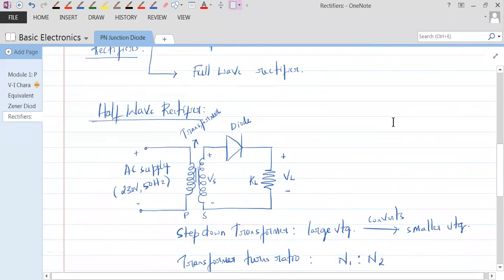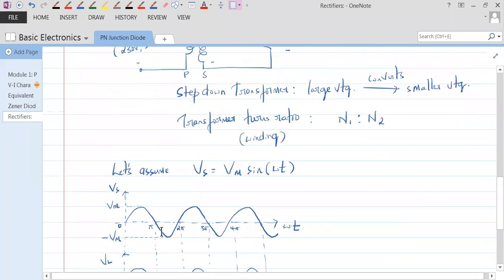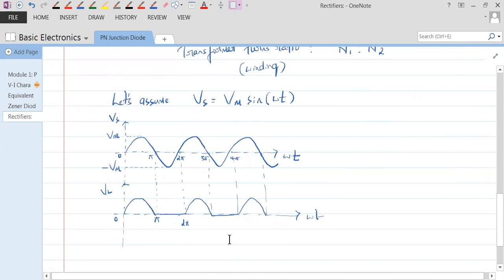But your AC signal had positive as well as negative. So though we are not able to obtain the pure DC, we at least have been successful in removing these negative cycles. Everybody understand this point?